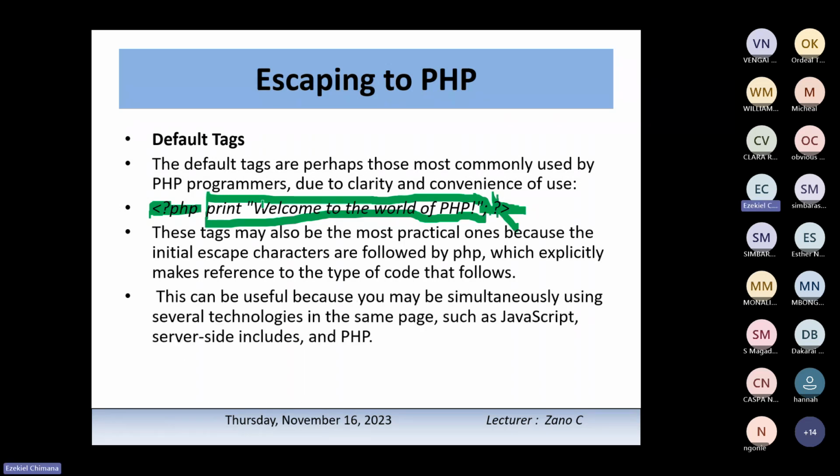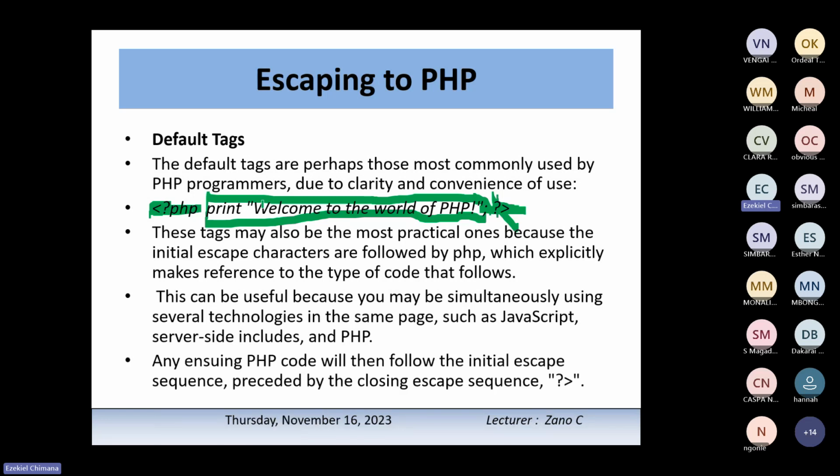This can be useful because you may be simultaneously using several technologies in the same page, such as JavaScript, server-side includes, and PHP. So maybe you are running JavaScript in the same document with PHP. You want to separate the PHP code from the JavaScript code so that you will not have any error.